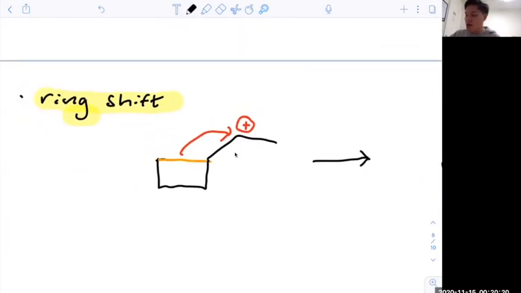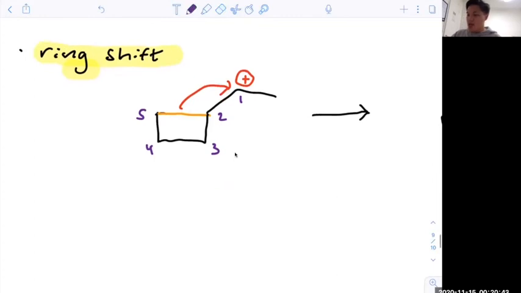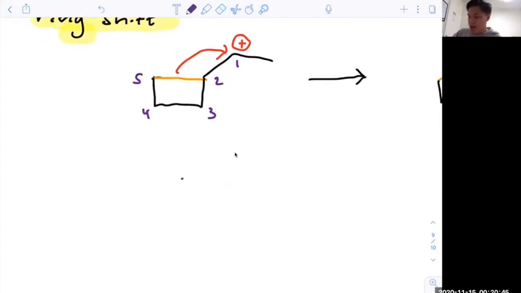Let's number the carbons. 1, 2, 3, 4, 5. And then we see that the 5 carbon bonded with the 1. So the C to C, this bond moved up here, right? So what actually happens is, the easier way to do this is we draw a pentane ring, because it's 5, right?